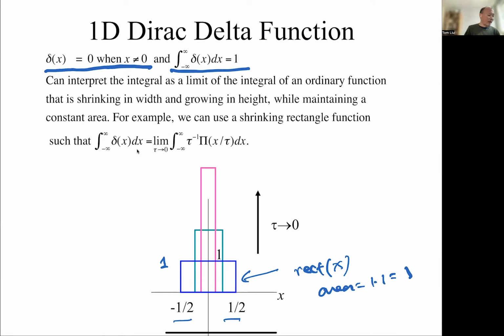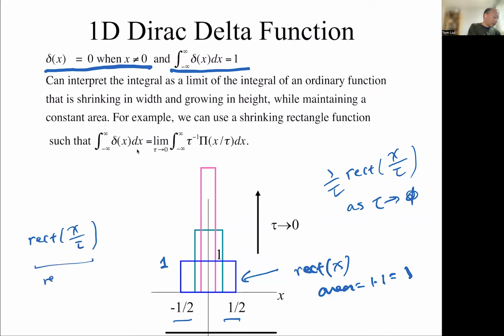And then we can imagine looking at functions rect of x over tau and multiplying by 1 over tau as tau goes to 0. What is rect of x over tau?